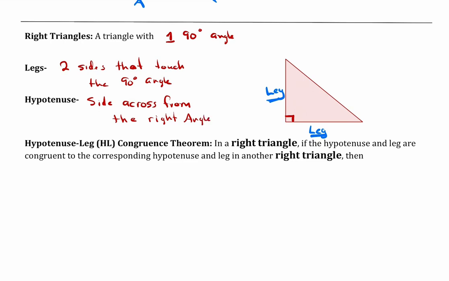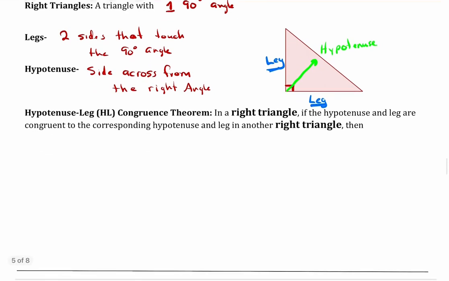It's always, always, always across the triangle. So it's across from the right angle. Okay, so the hypotenuse is across from the right angle. The two legs are next to the right angle, and there are two of them, and there is only one hypotenuse.